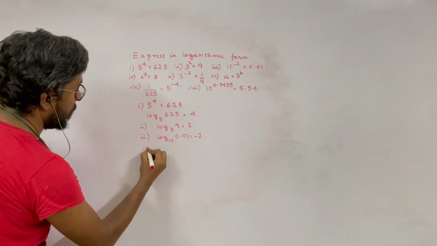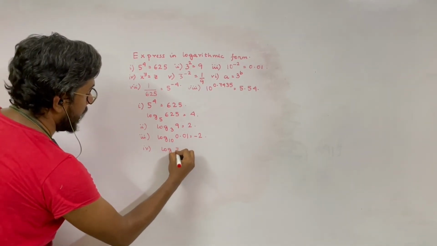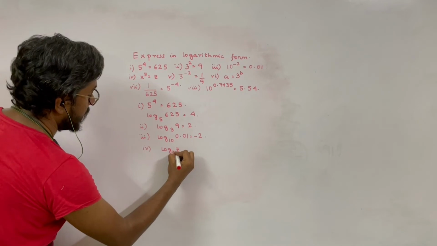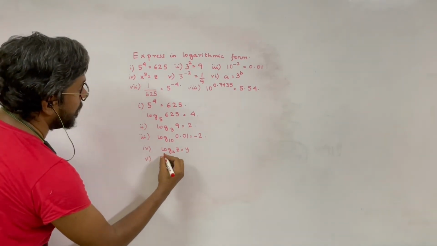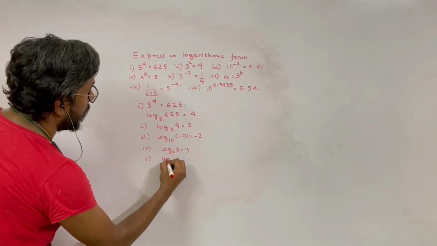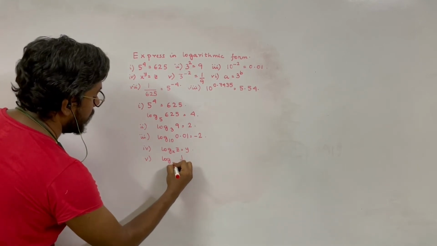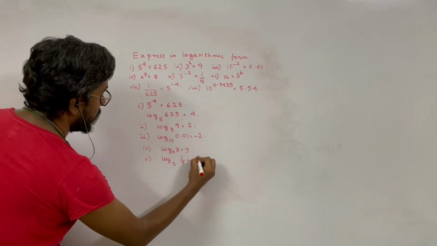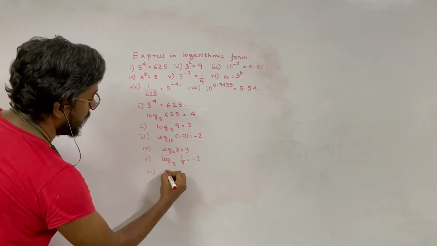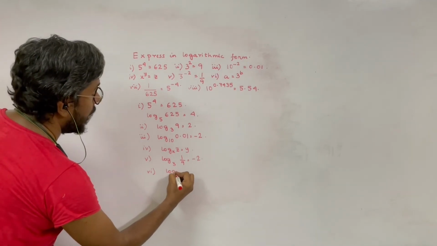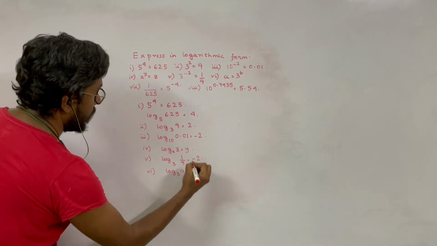Moving on, part 4, log z base x equals y. Part 5, log 1 by 9 base 3 equals minus 2. Part 6, log a base 3 equals b.